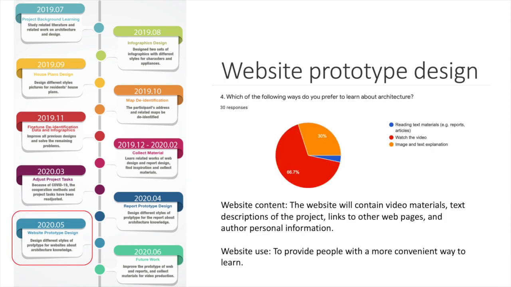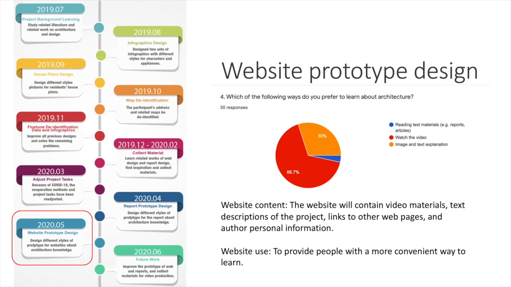For the website prototype design, the pie chart shows that most people prefer to learn knowledge by watching videos. Some of them prefer to learn by images and text explanation.